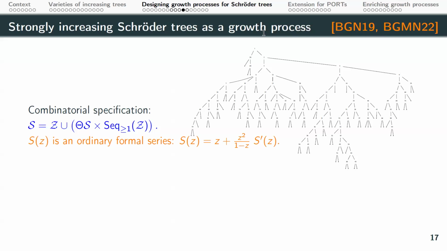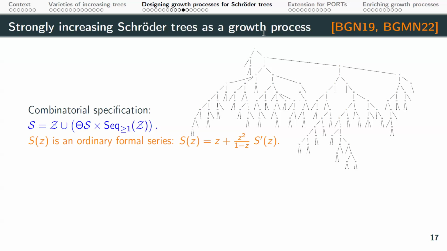And now, in fact, I am able to specify this class of trees in this way. So an increasing Schroeder tree is either a leaf that counts in the size, or I have already built a tree, I point one of the leaves, and then I replace it by an internal node labeled by the iteration step, but this is hidden here in this process.